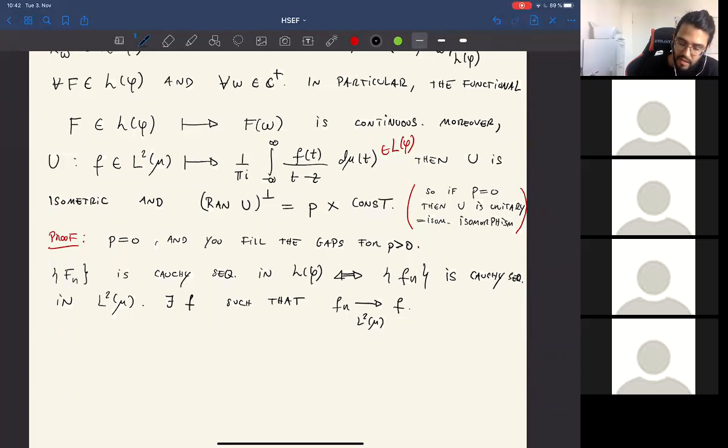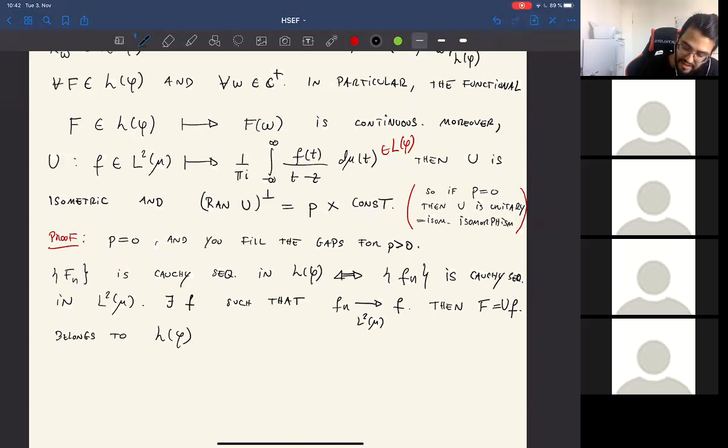Okay, and therefore I can define capital F just by taking this map U, which is just writing it using this representation, as U of f. And by definition, since U is onto, F belongs to L phi, which is obvious.